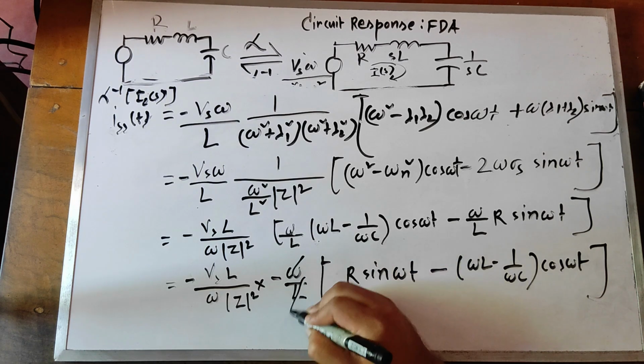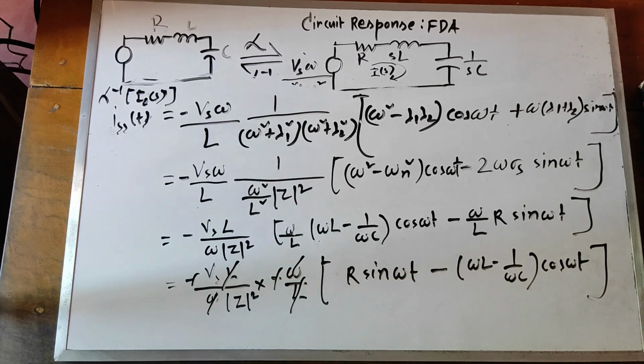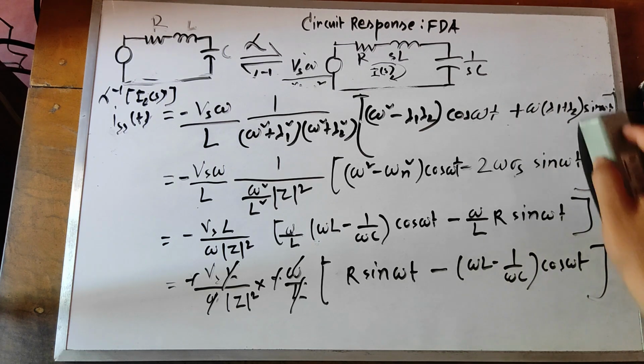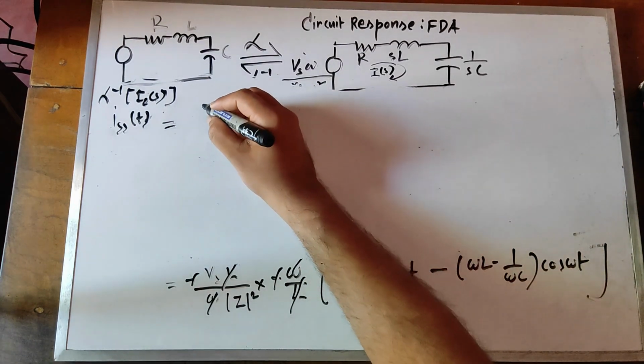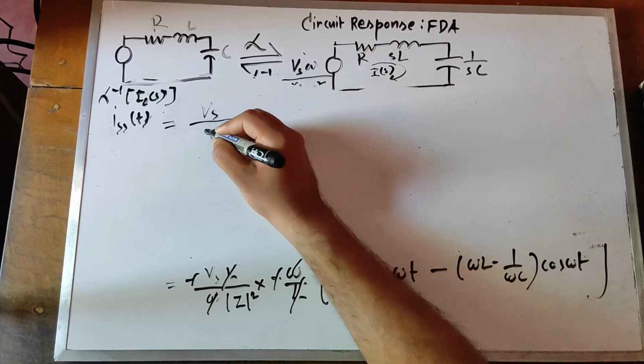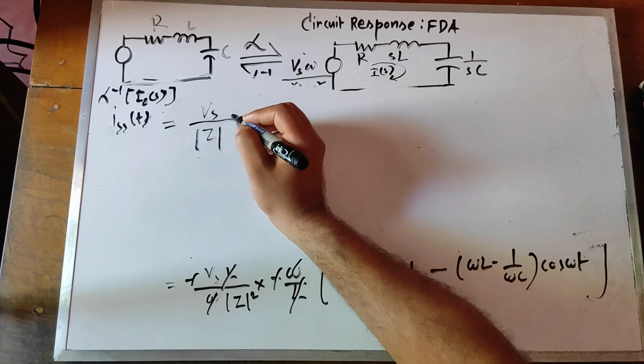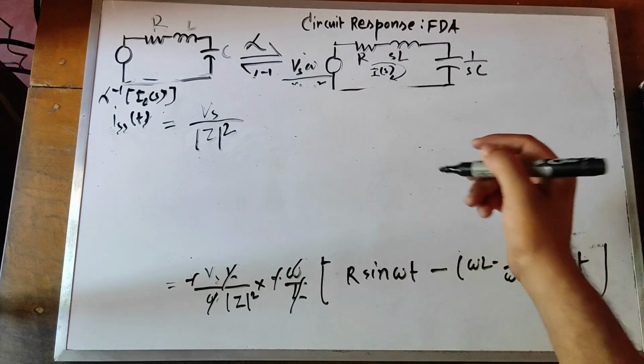So I have found that this cuts out, leaving me with Vs, the magnitude, by the impedance, the amplitude of impedance squared.